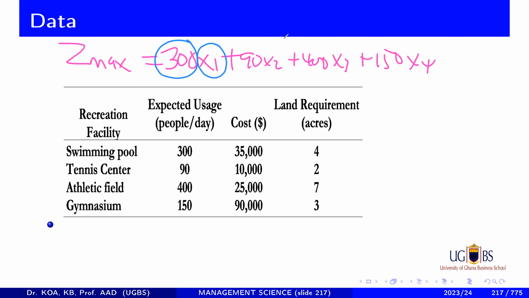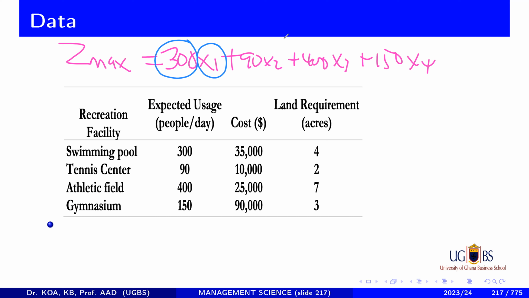Okay. Because what you are doing is that, with the 300, you are explaining it mathematically in your mind. But what does it mean here? 300 means the expected number of times we would want people to use the pool when it's constructed. Give me an example of what you just said.